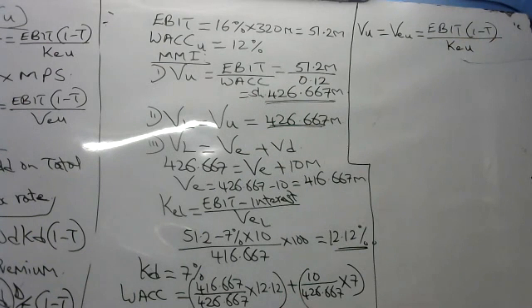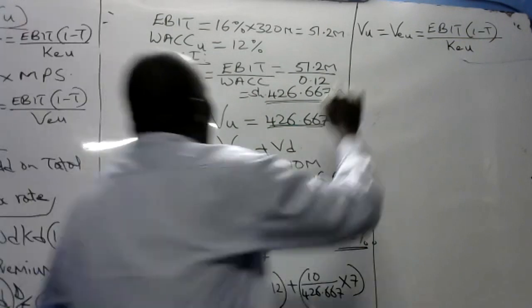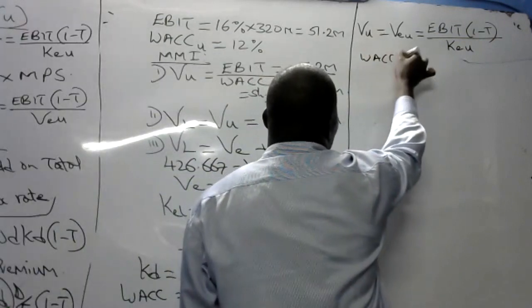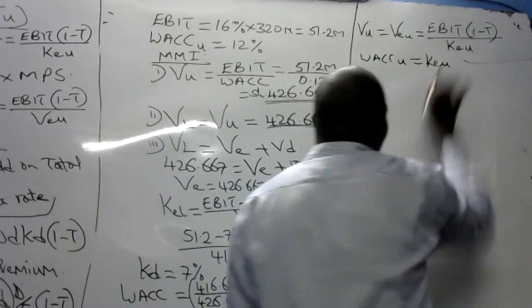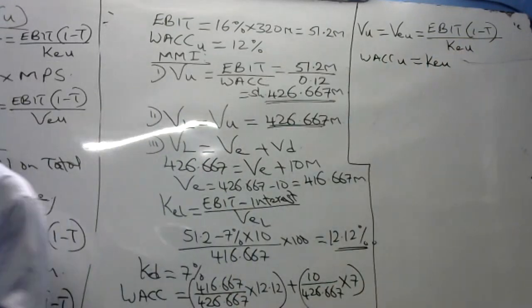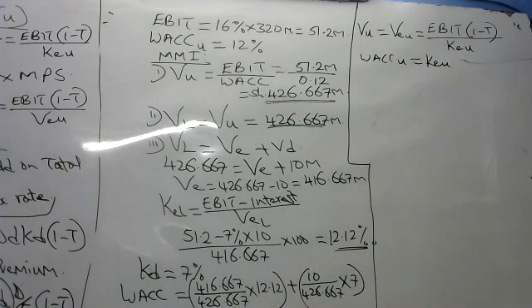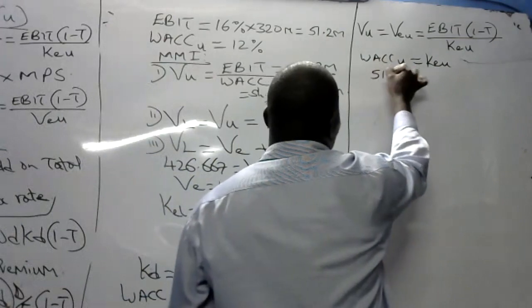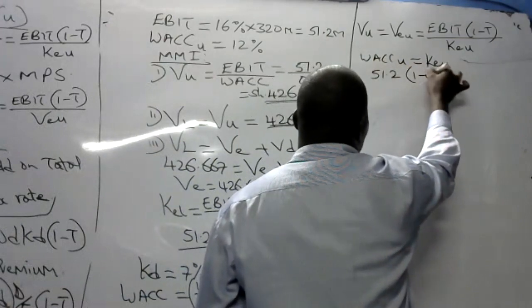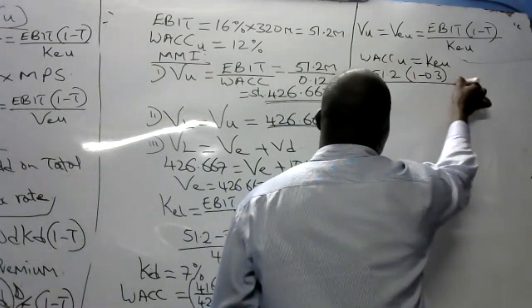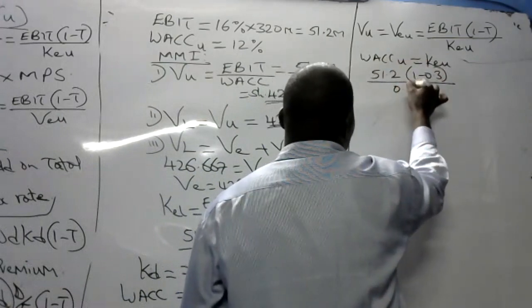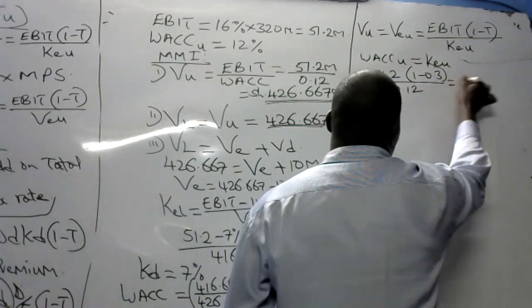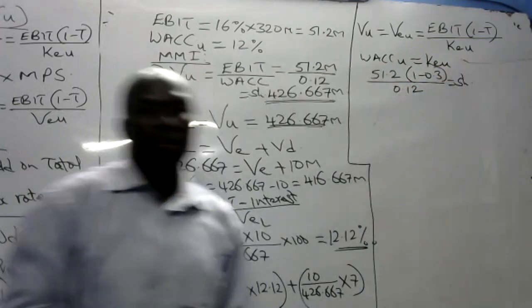We have everything. Can we appreciate that the WACC of the unlevered farm is the same as the cost of equity? So we have everything. Our EBIT is how much? 51.2. Tax, what have they told us? 30%. Ke is how much? 12%.